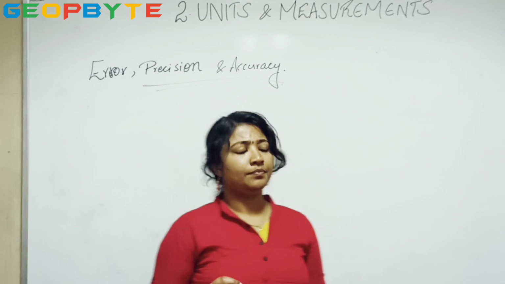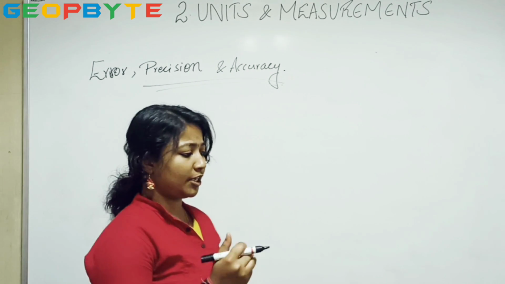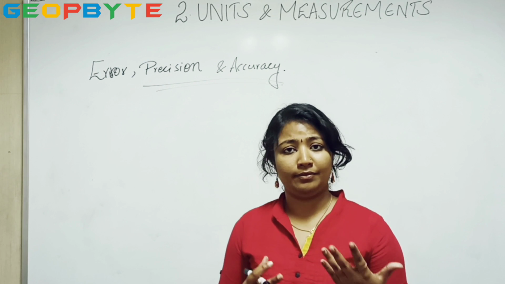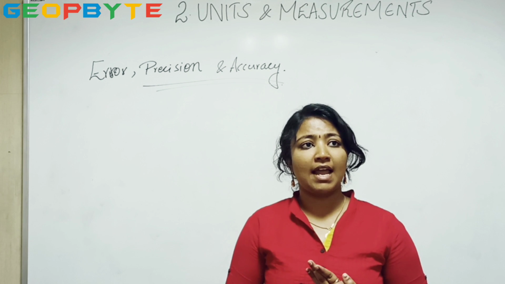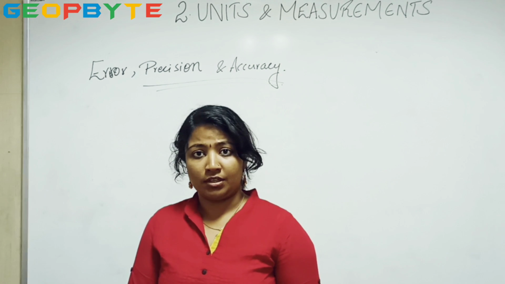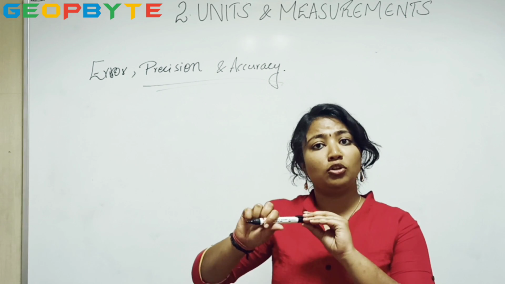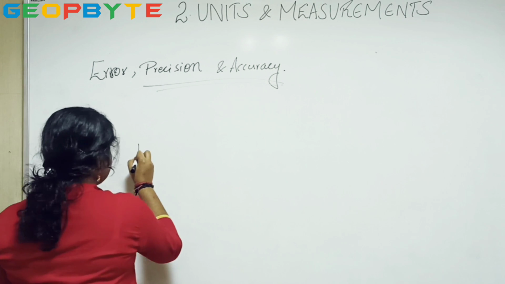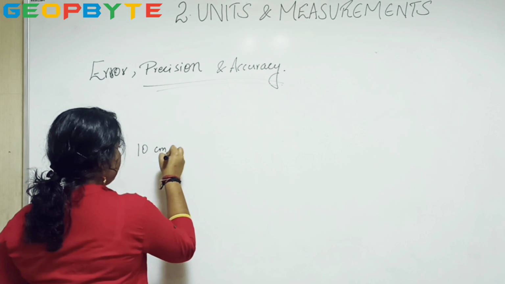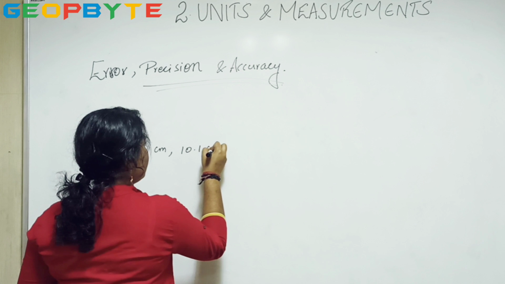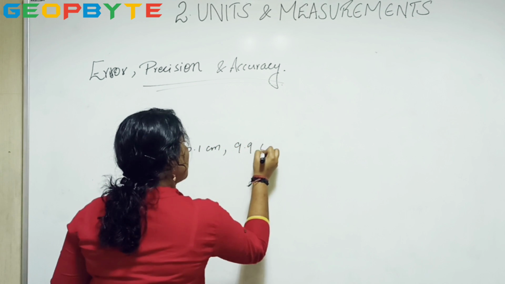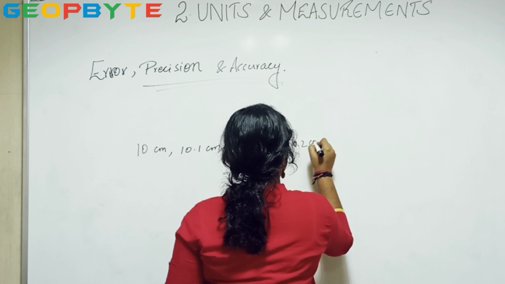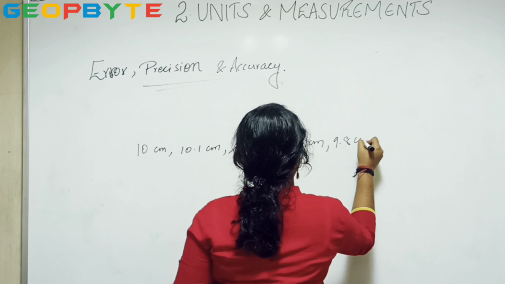For example, if I give you a wire and ask 5 different people to measure its length, some may say 10 centimeter, others 10.1 centimeter, some may get 9.1 centimeter, some 10.2 centimeter, and 9.8 centimeter.